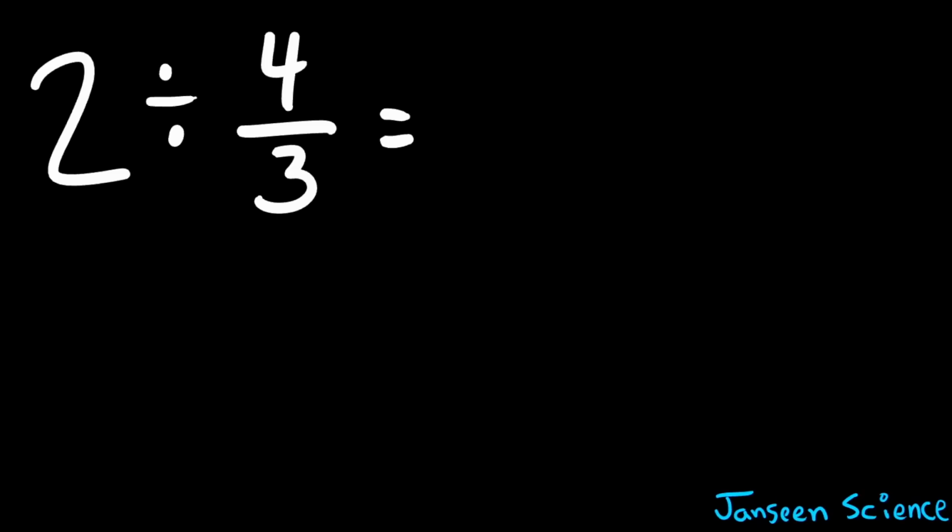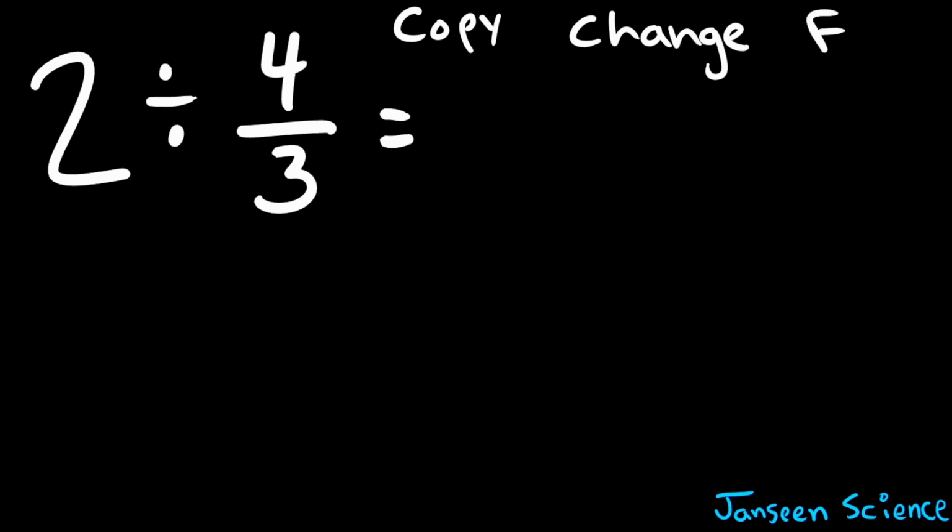Today you're going to learn how to divide a whole number by a fraction using a method called copy, change, flip. Also, you're going to learn that any number, which is a, is equal to that number over 1.